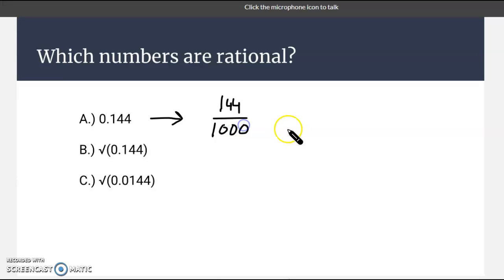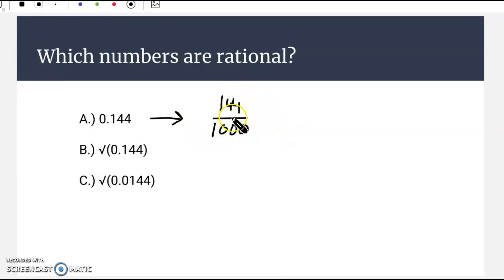It's in the thousandths place, and that does reduce, but the fact is we wrote it as a fraction. The square root of 0.144, plug that in and it's a decimal, you get 0.379473192, on and on forever. So this one's rational, this one's irrational.